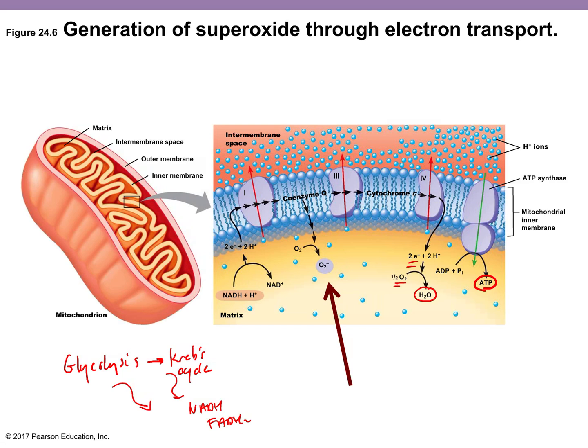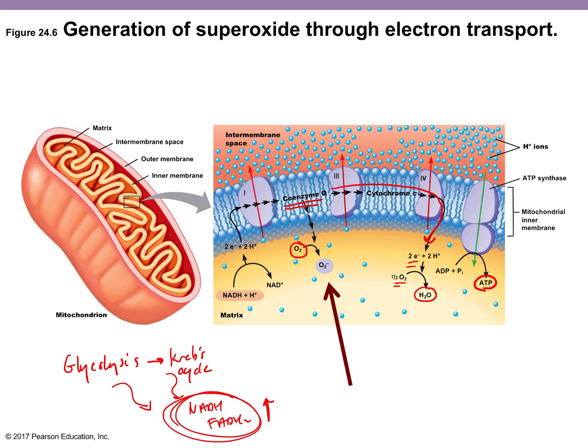Now, if there's a buildup of glucose, because you have so much sugar, you have an increase of your electron carriers, right? So what happens is these intermediates, especially coenzyme Q here, get backed up with extra electrons. And so instead of waiting for it to be passed on down the electron transport chain in the normal fashion, they just kind of get rid of those electrons to oxygen.